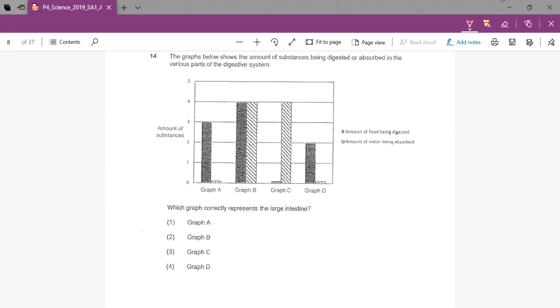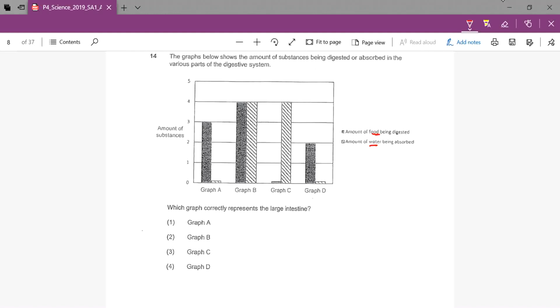The graph below shows the amount of substances being digested or absorbed in the various parts of the digestive system. The darker one is food being digested. The lighter one is water being absorbed. Okay, so remember, where does digestion stop? It stops in your small intestines. Digestion does not happen in your large intestine. Okay, only excess water is being absorbed in the large intestine.